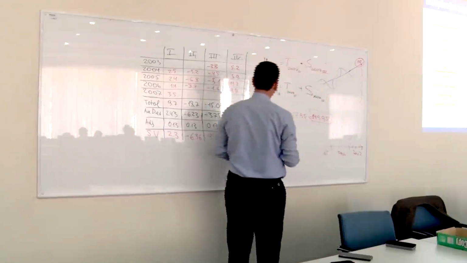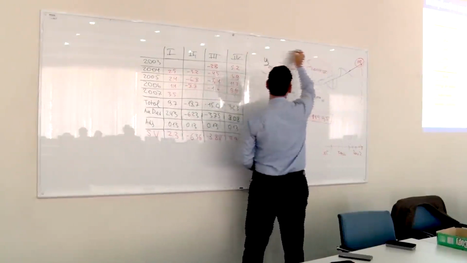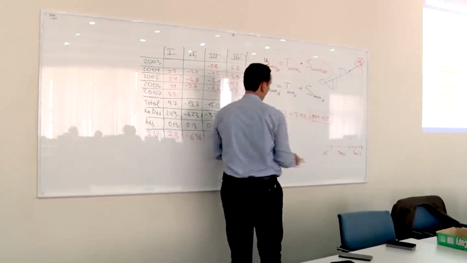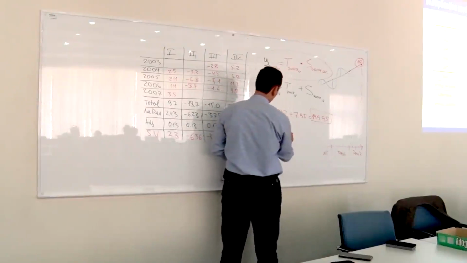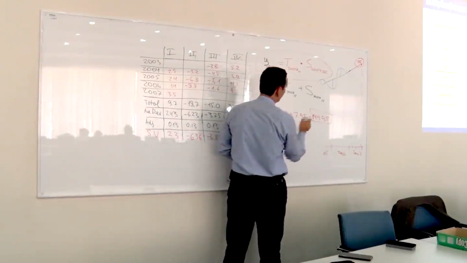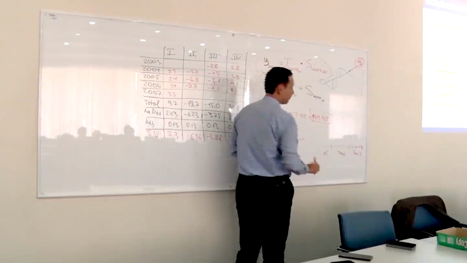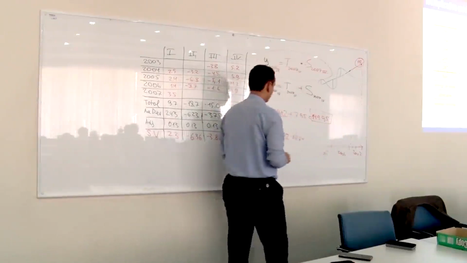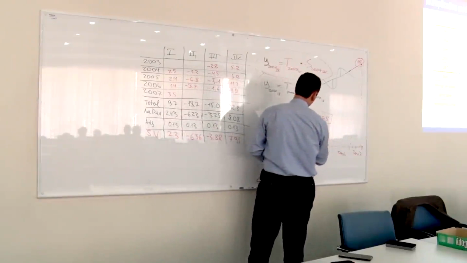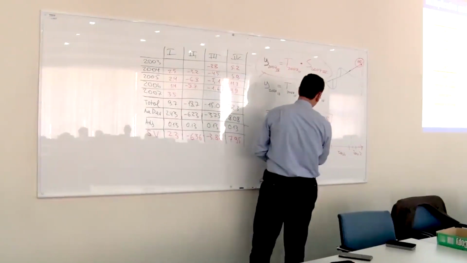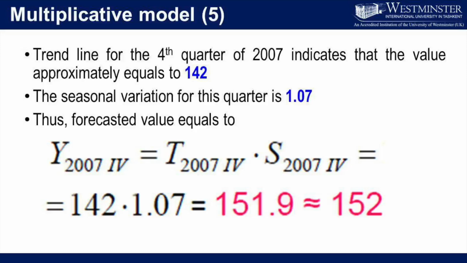So our trend was, again, 142 multiplied by 1.07, right? And the answer would be 151.94, which is almost equal to 152.